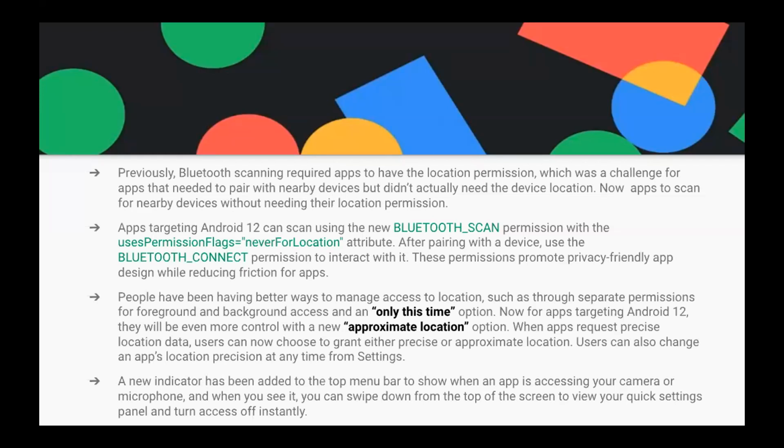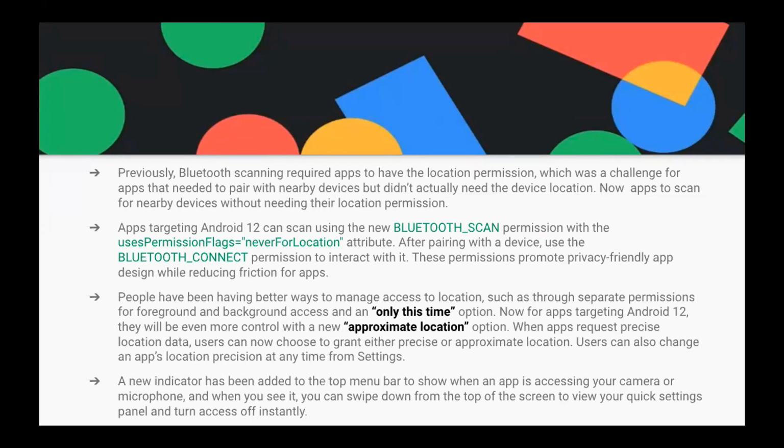People now have better ways to manage the access to location, as I said, through separate permissions for the foreground and background access of applications. There are two types of permissions that the app will be given.